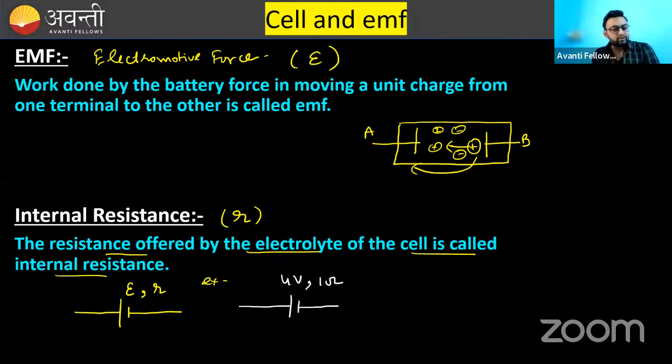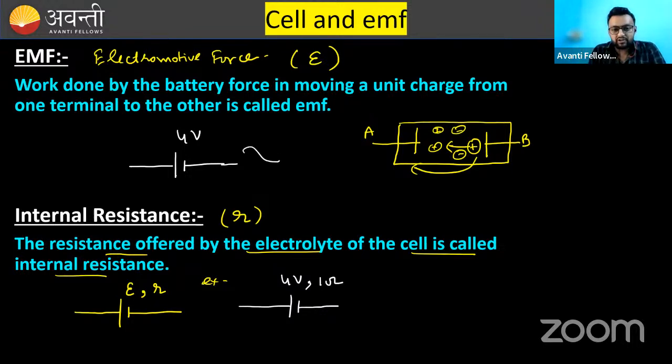And whenever you see a representation like this, where only 4 volt is written and nothing else, then what does it mean? It means that the battery or the cell has no internal resistance, and such a cell is known as an ideal cell.